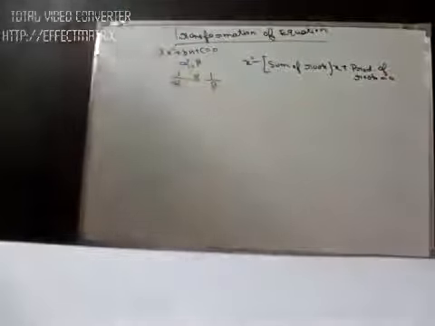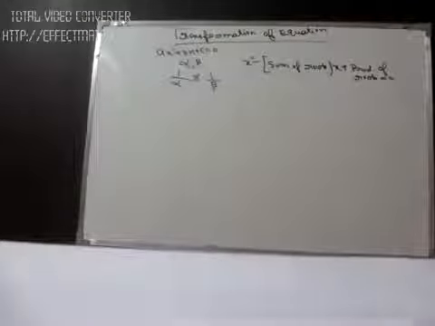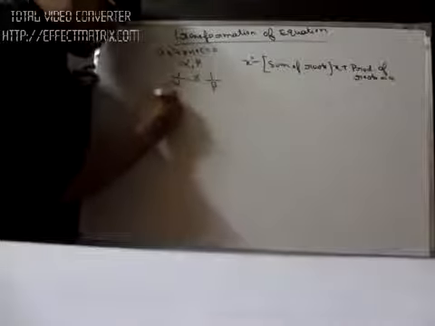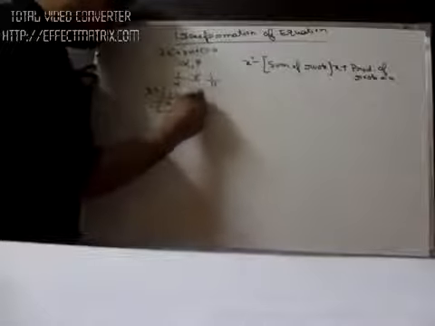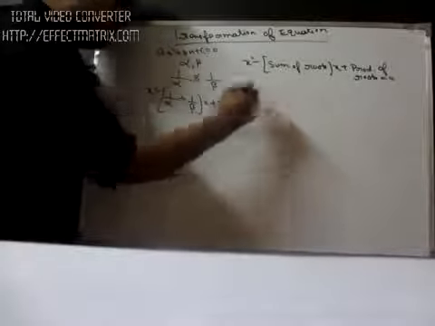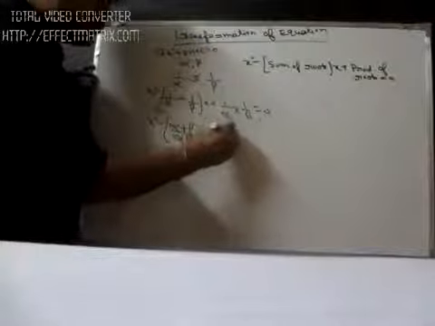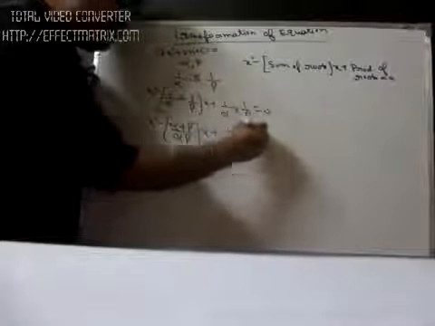So basically to form an equation we need the sum of roots and the product of roots. Same we can apply here: x square minus (alpha plus beta divided by alpha beta) into x plus 1 upon alpha beta is equal to 0.